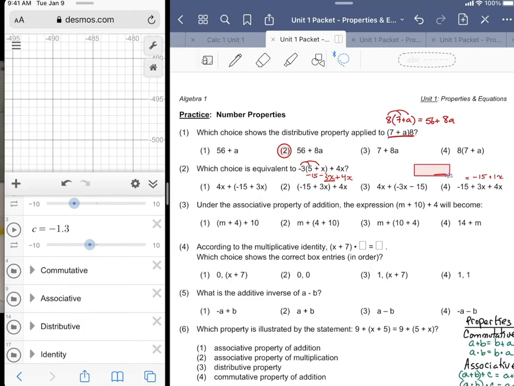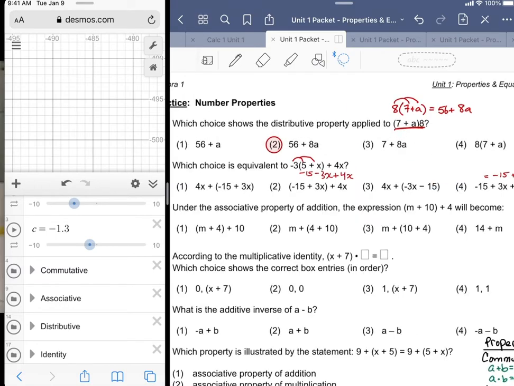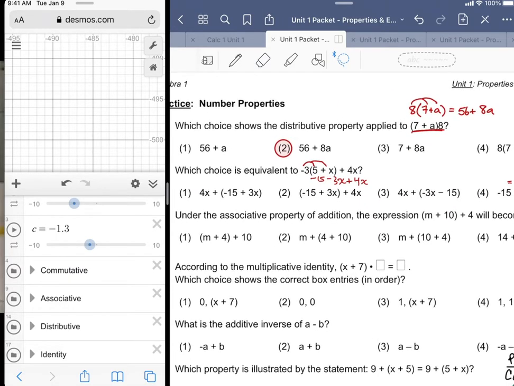And we'll focus on just this expanded form. Get rid of this stuff. And think about, all right, well, which one of the choices most closely resembles what we wrote here? Because maybe we didn't have to go that extra step. It's good review, but maybe it wasn't necessary for this problem. All right, negative 15 minus 3x plus 4x.